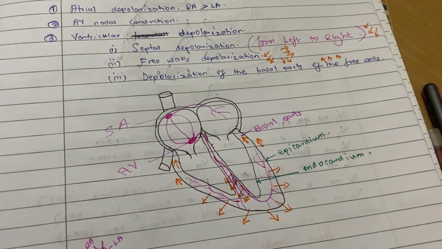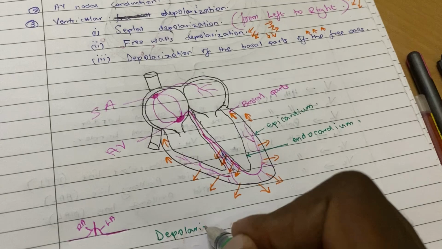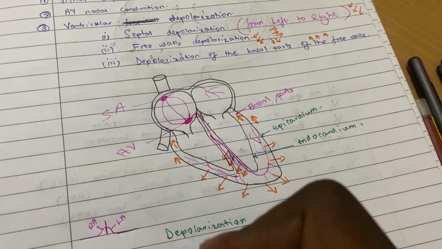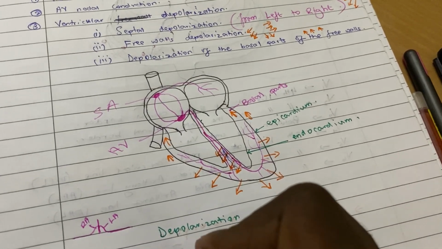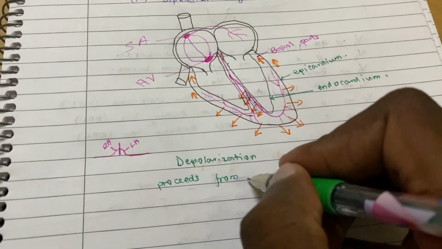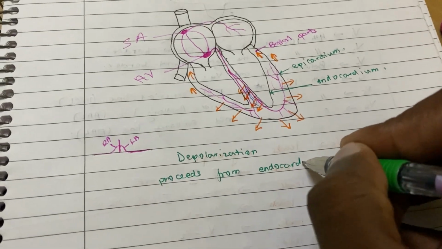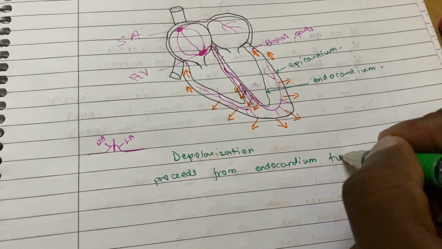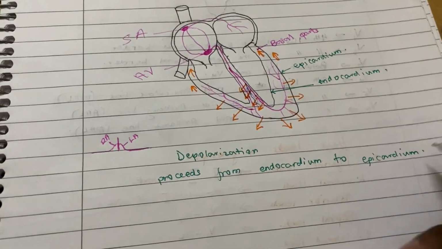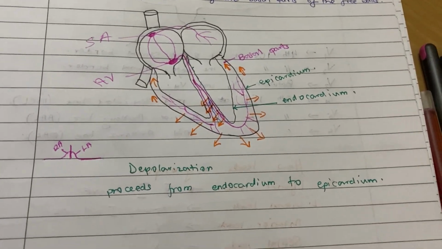So depolarization proceeds from endocardium to epicardium. That is the direction of depolarization.